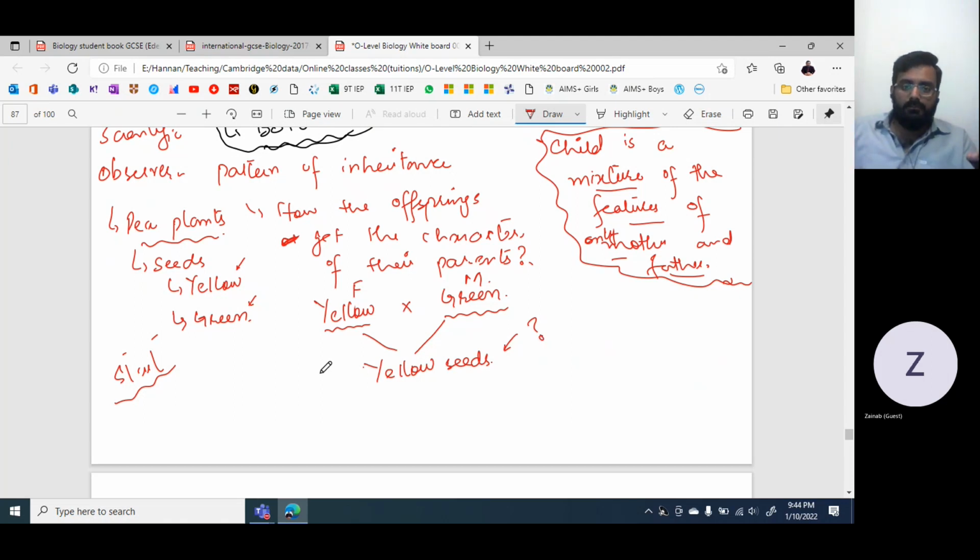What did he do? First of all, he mentioned that this is the parental generation or P generation. These are parents, so he mentioned them as P. P means parents. And this is the first generation, which we call pahli peedhi in Urdu. This is known as F1. F stands for filial, and filial means son, whatever the gender.